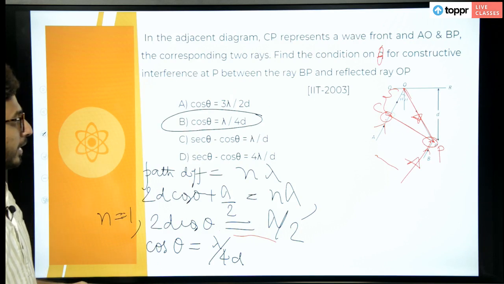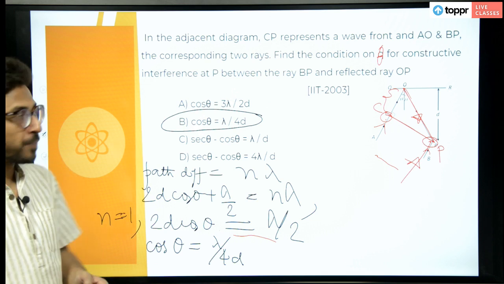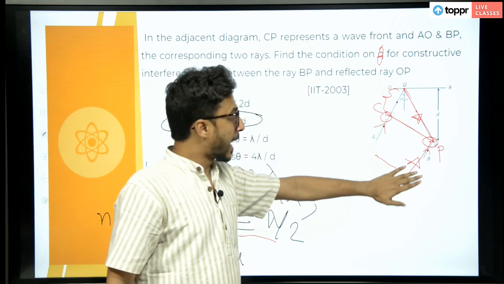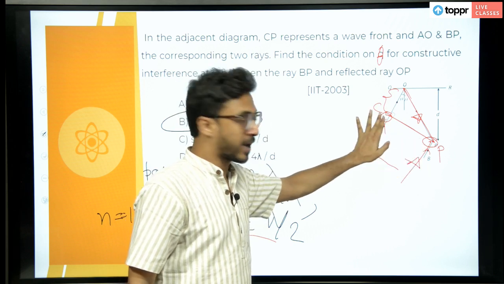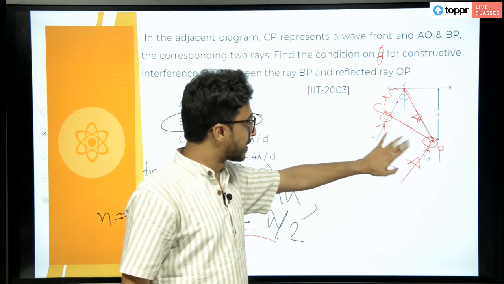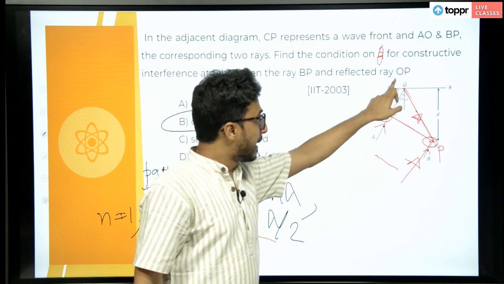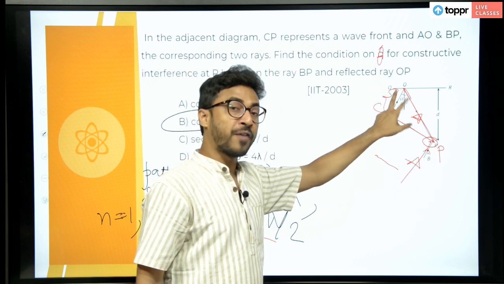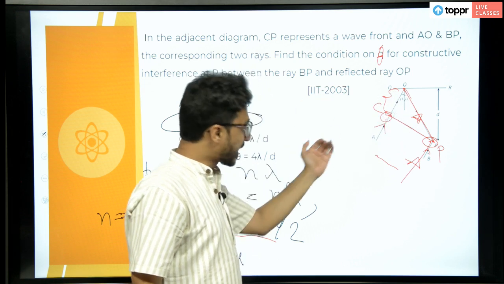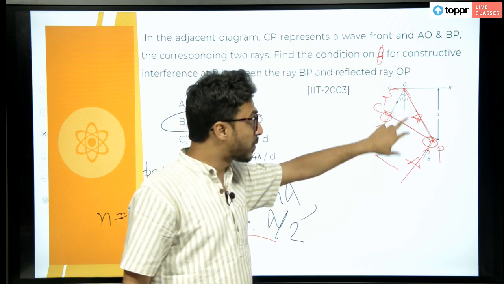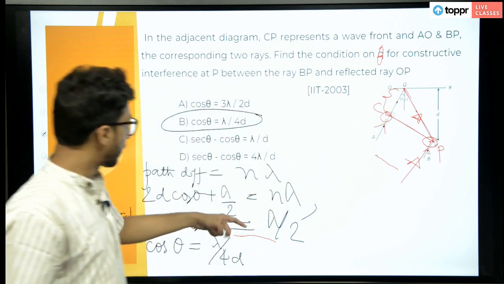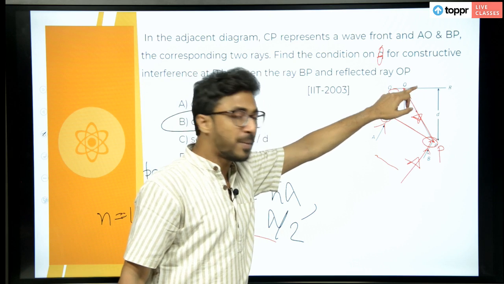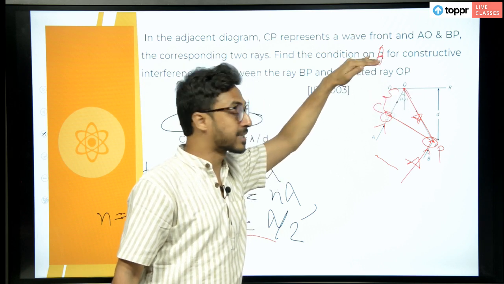Clear? Let us explain it once more. What is happening here? There are two rays, and both points are coherent sources as they are on the same wavefront. The extra path because of the reflection we calculated geometrically, and we have added an extra path difference of lambda by 2 because this ray is reflected from a high refractive index surface.